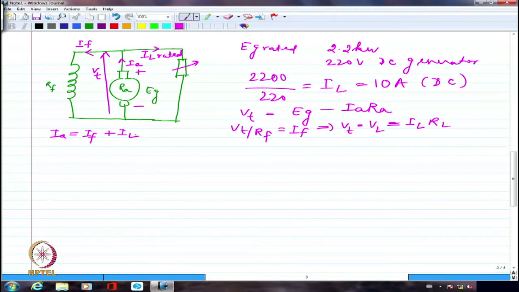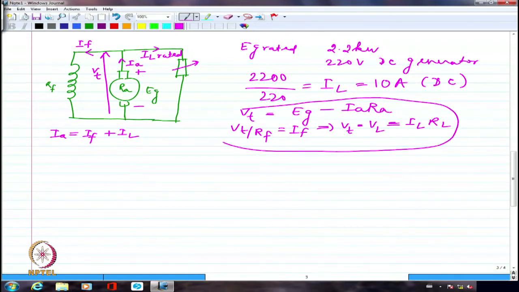This is going to be my armature current. So basically we are writing KCL. That's all. Nothing more than that. So these are the equations which govern the operation of the shunt excited DC generator. All of them put together are going to govern the operation of a shunt excited DC generator.